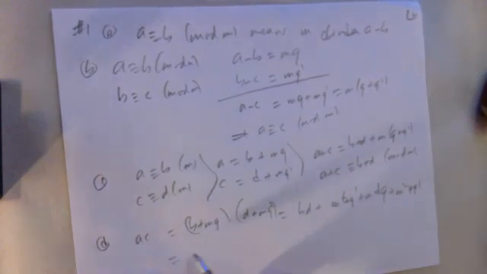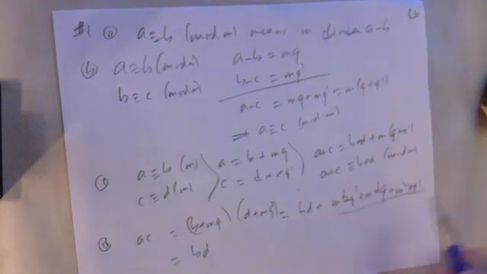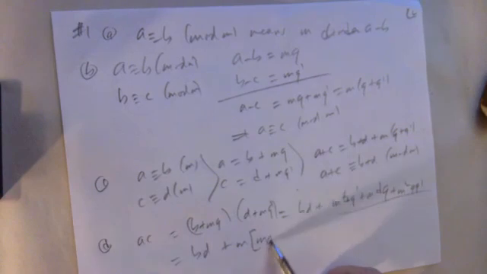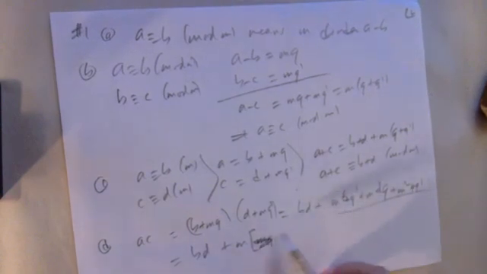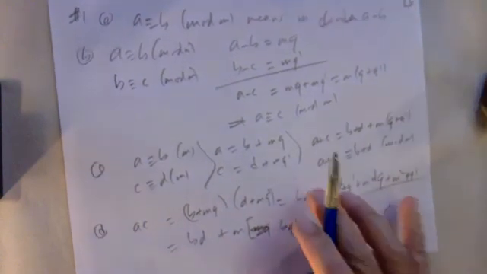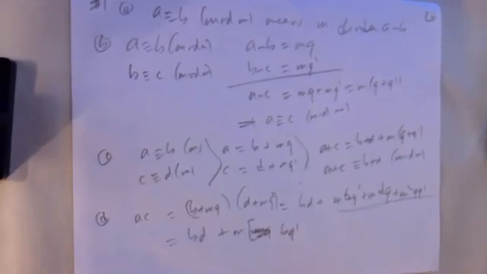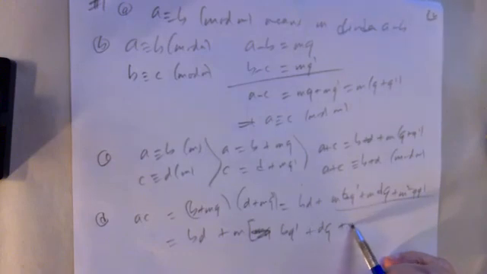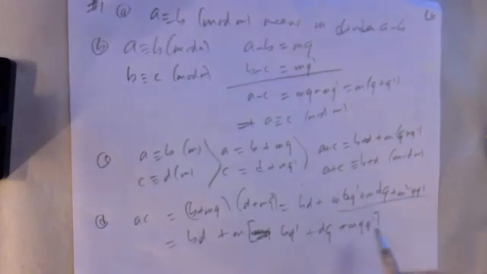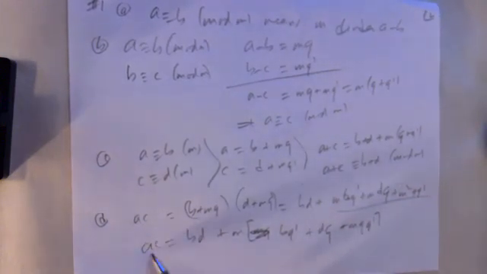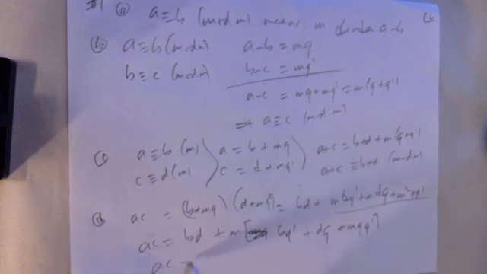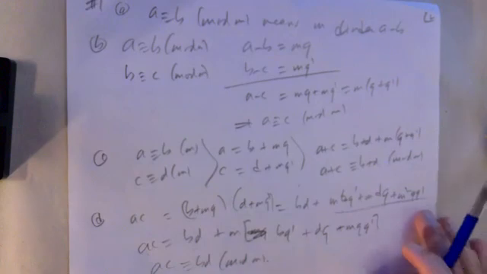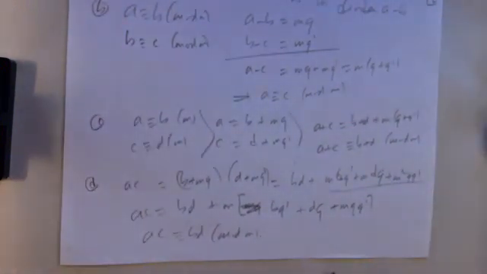It's just multiplication. Factor an M out of this, and you get M times BQ prime plus DQ plus MQQ prime. So AC is congruent to BD mod M, right? All right, that's all it is.